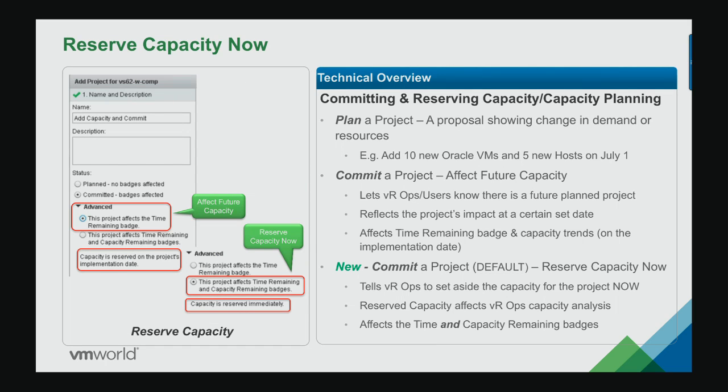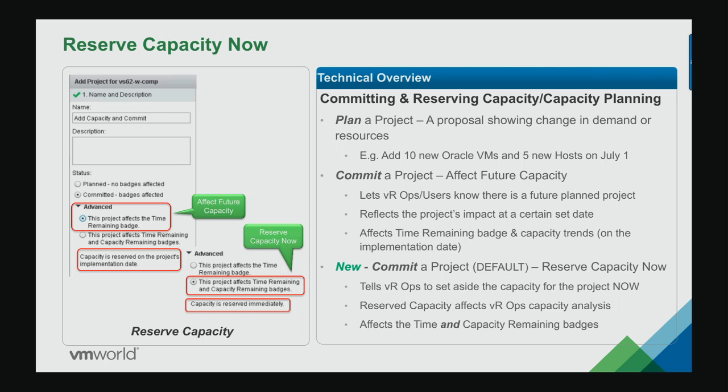Another thing which I just mentioned is in capacity projects in 6.1, we have this new commit. So you could actually commit a project today in 6.0x for those of you who are using it. But we also added two options underneath it. But the default is to reserve the capacity now.